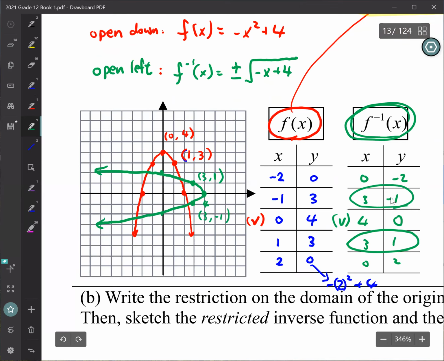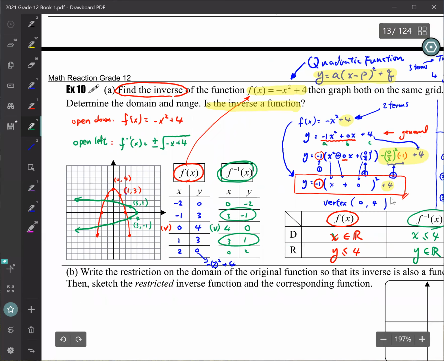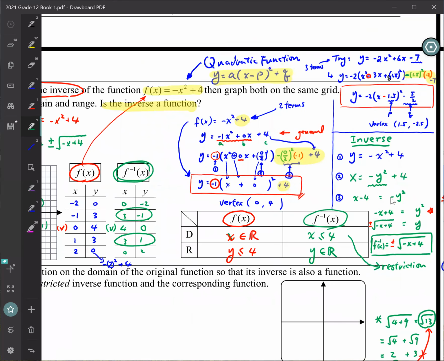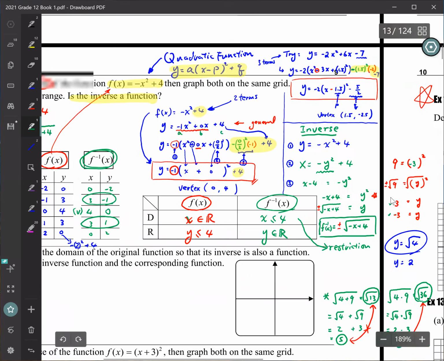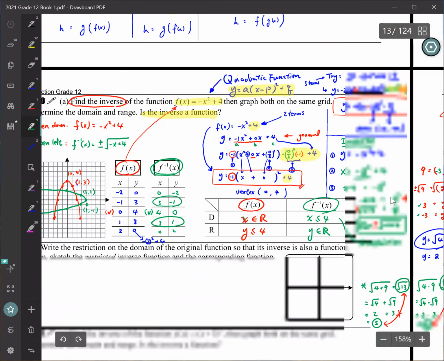And that's all because of the plus minus sign. Remember, when you square root, you need to put a plus minus sign. For each x that you put in, it could have either a positive answer or a negative answer come out. So when that happens, your graph is no longer a function.